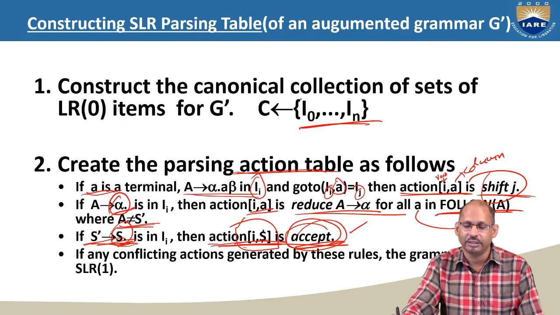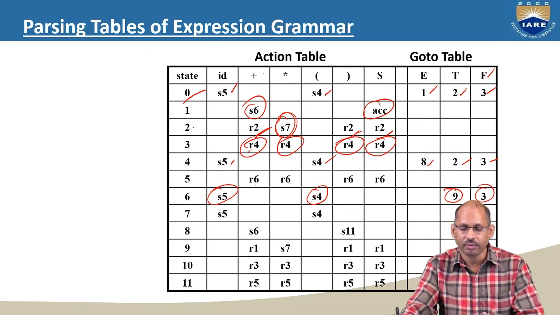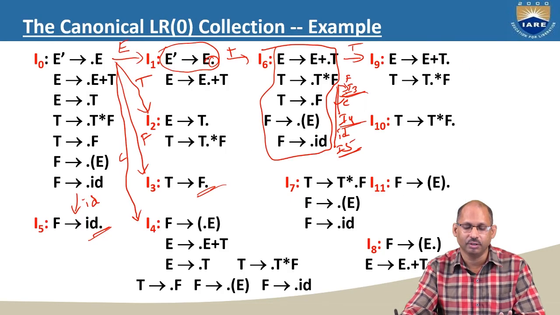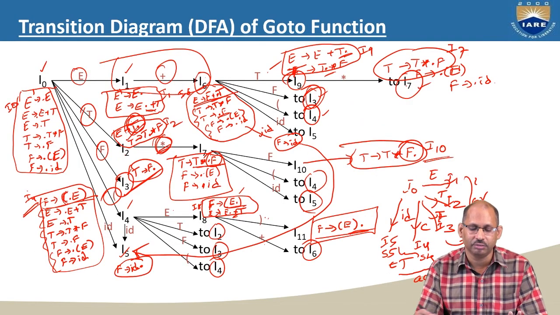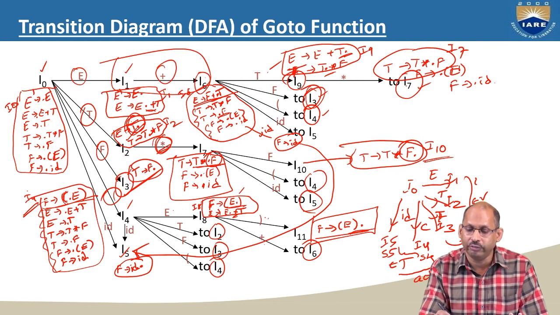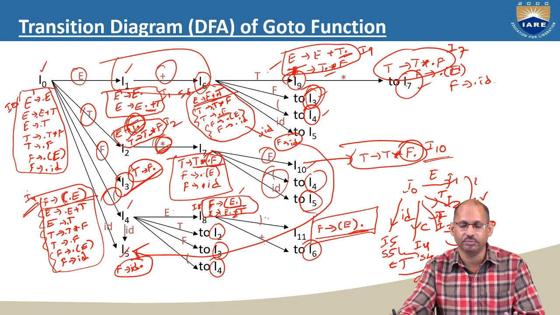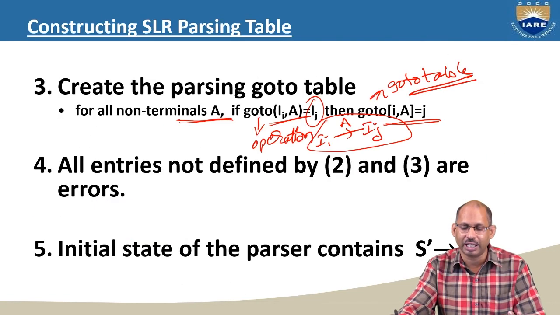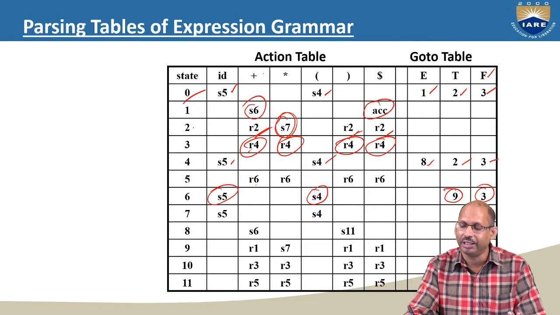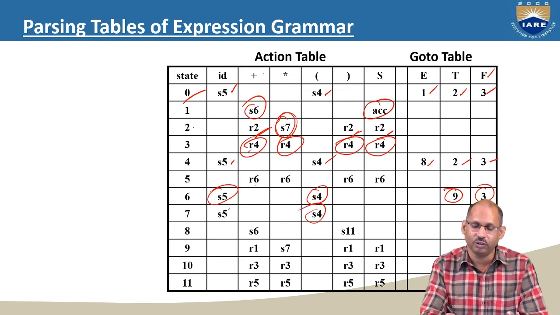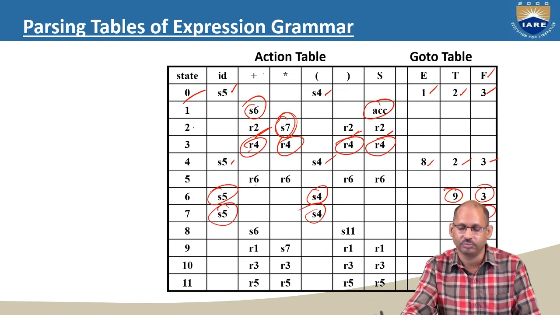Right? Then I7. State 7. On the variable, it is 10. Terminals 4 and 5. So on the variable F it is 10, and it is S4 and S5.